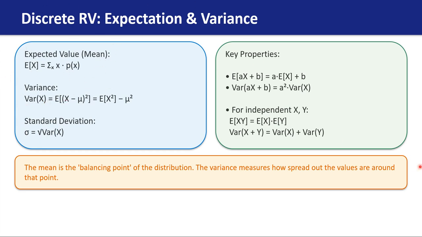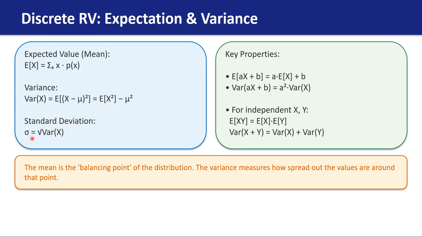We can calculate variance as Var of X equals E of (X minus mean) quantity squared. Also, a useful shortcut for this relation can be Var of X equals E of X squared minus E of X quantity squared.